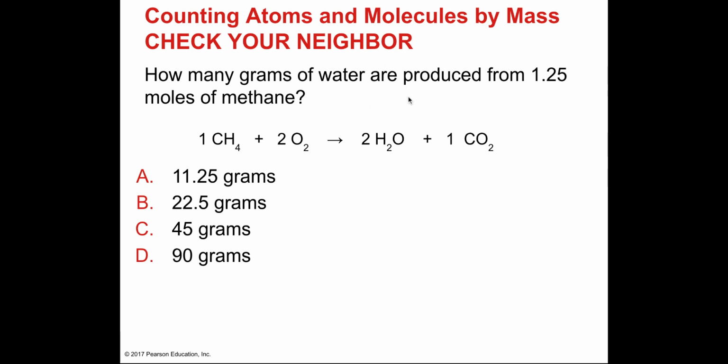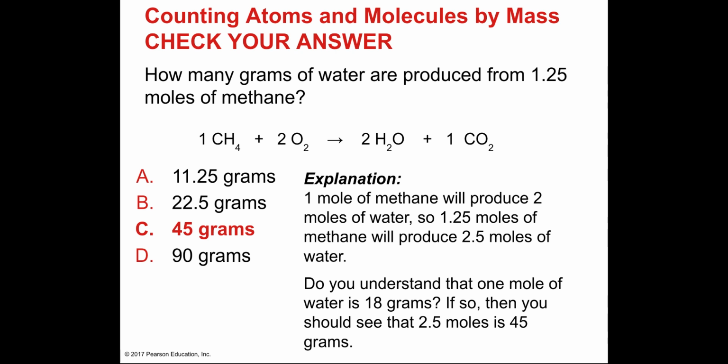So how many grams of water are produced from 1.25 moles of methane? This is the explanation right here. 1 mole of methane will produce 2 moles of water, as you can read from this equation.